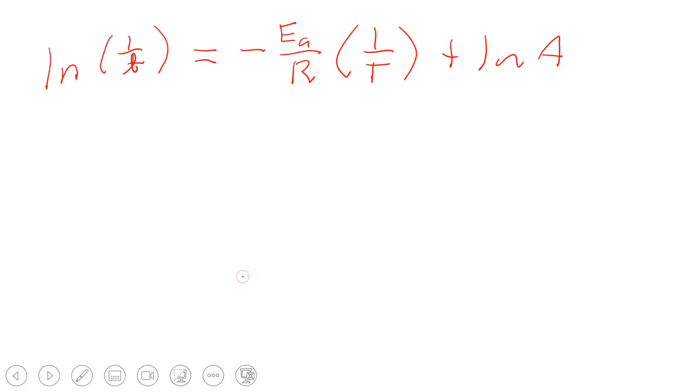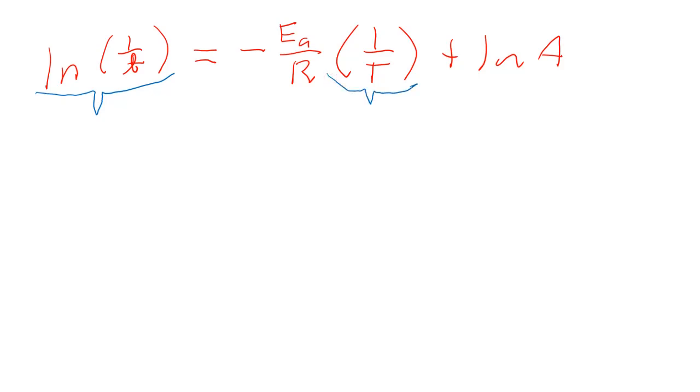So you're going to make a plot of the natural log of 1 over time, which is the amount of time that it took for your solution to turn dark enough that you couldn't see the X through the beaker.